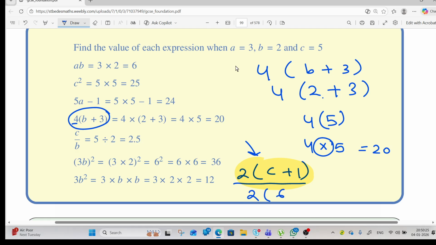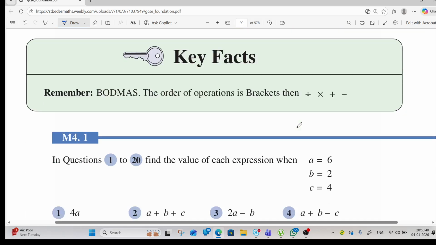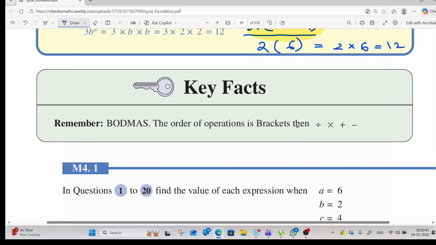And then there is no operation between 2 and 6. That means they are in multiplication. Yeah. So how much is this? 12. Yes, 12. Good. So yeah, when there are multiple operations, you need to remember this rule, BODMAS.